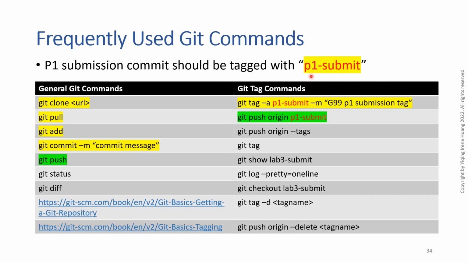For example, P1 will be P1-submit, P2 will be P2-submit, and so on. To create a tag, you first create a local tag and give it a name. That's just the local tag. You need to push this local tag to the remote server so that we can see that tag.